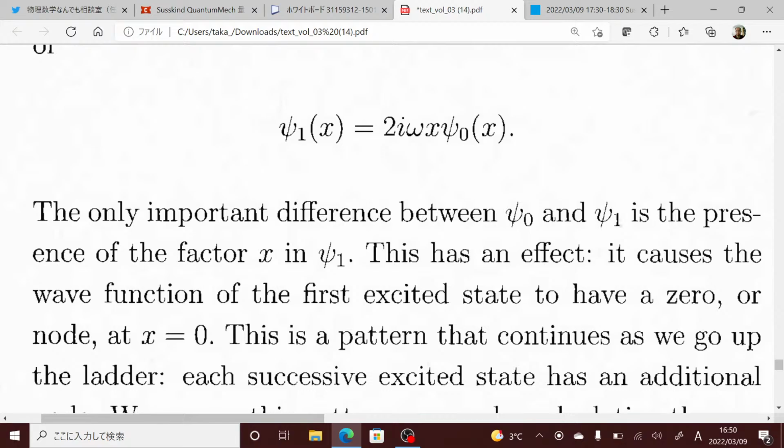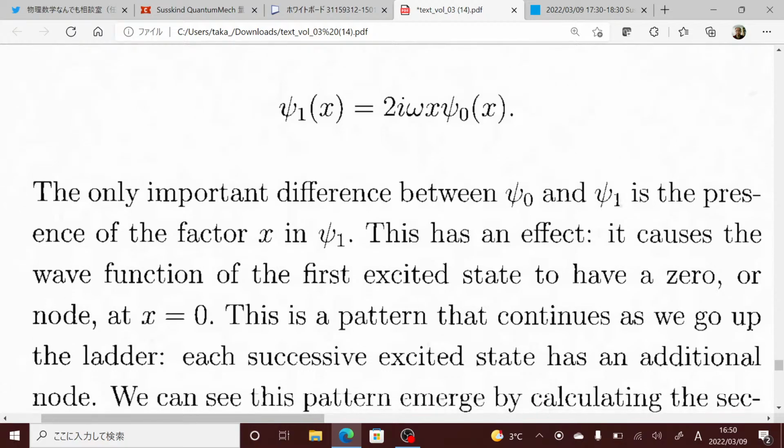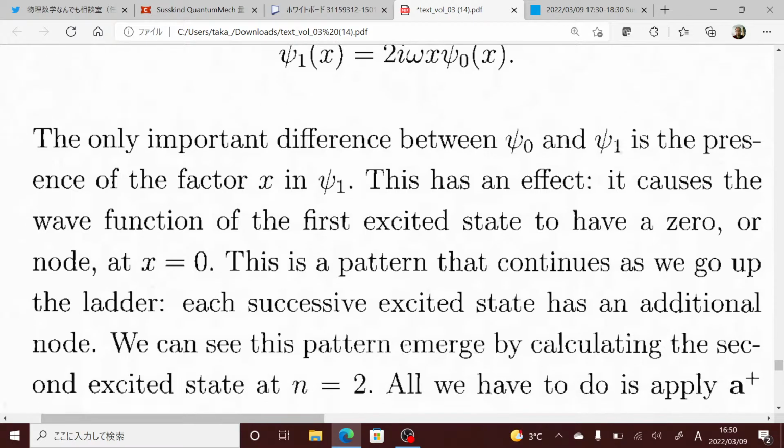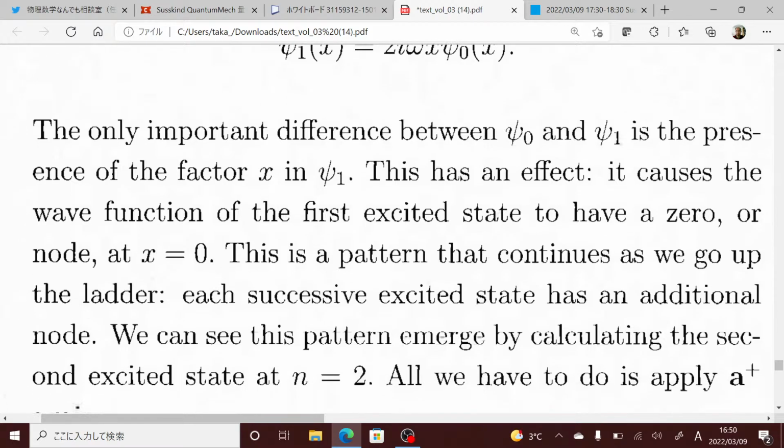The only important difference between psi 0 and psi 1 is the presence of the factor x in psi 1. This has an effect.